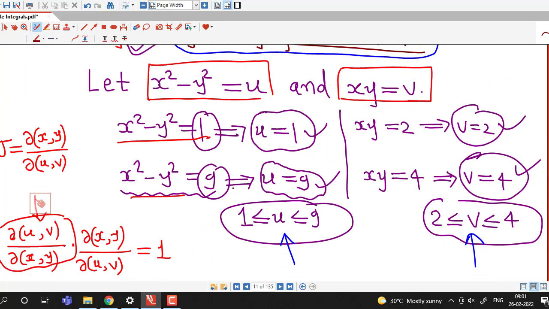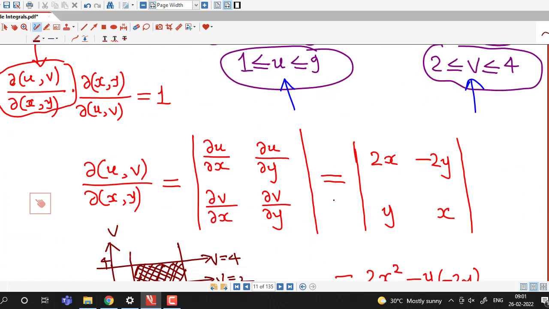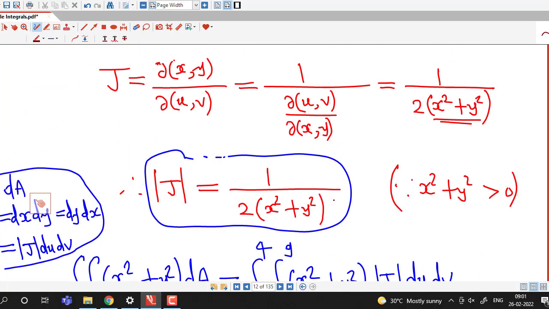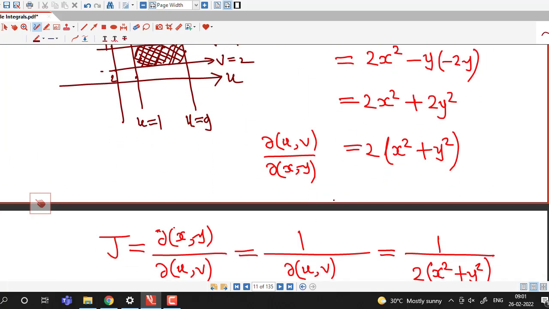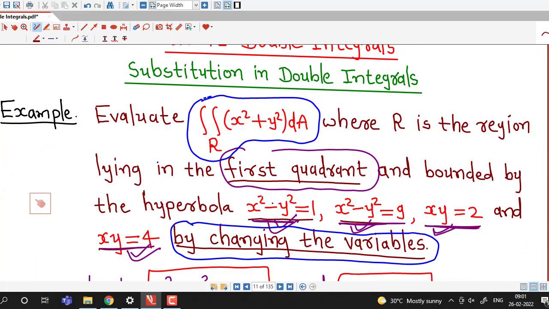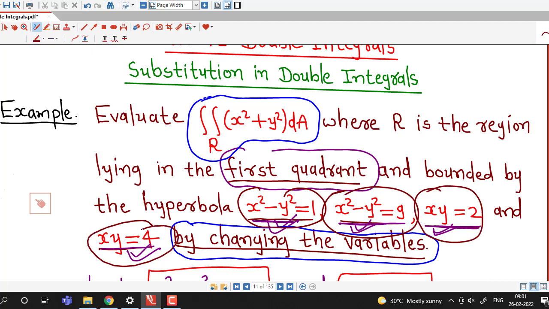So even without sketching the regions of integration, we are able to easily integrate this function over this rectangular region in the UV plane. In the XY plane, we have the region bounded by hyperbolas. So it is easy to integrate over a rectangular region as compared to a non-rectangular region bounded by these 4 hyperbolas.